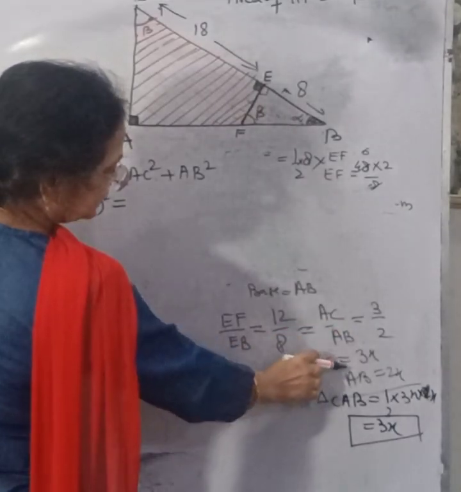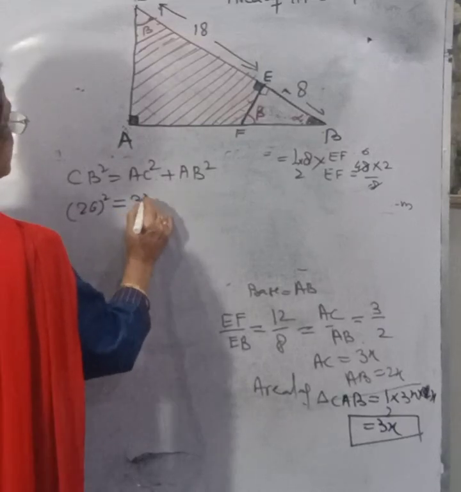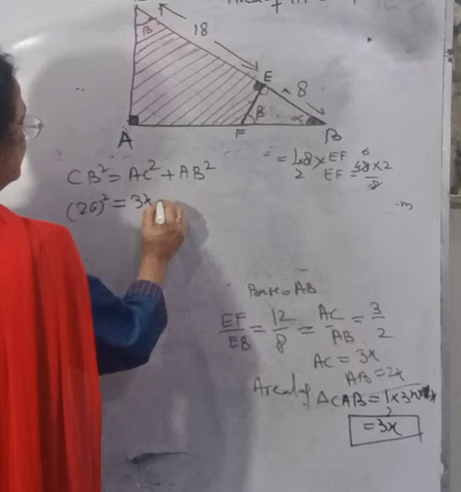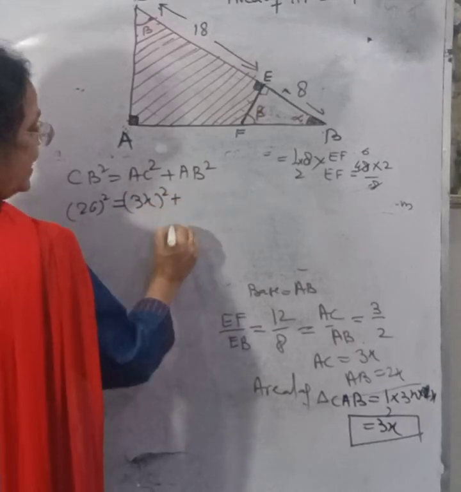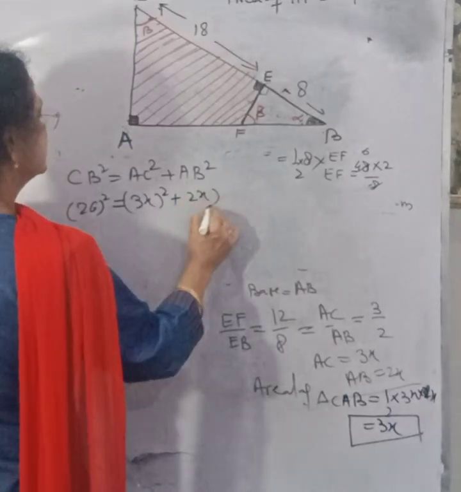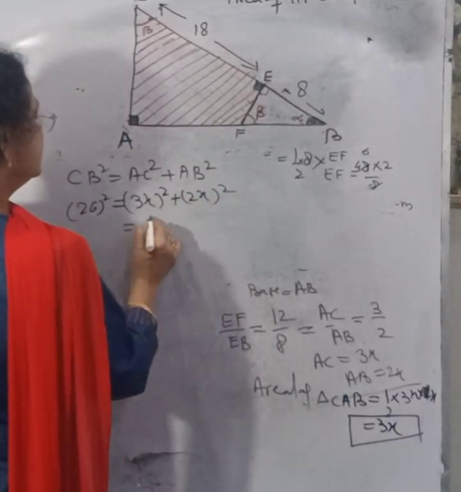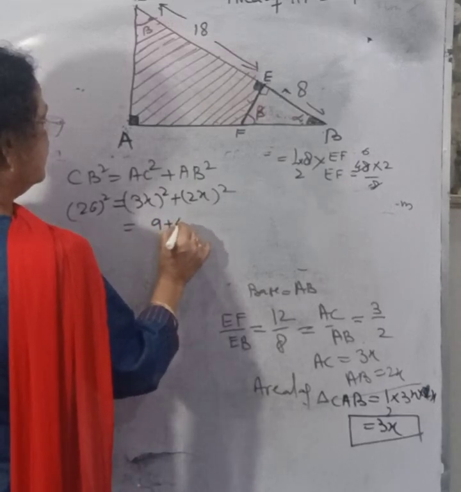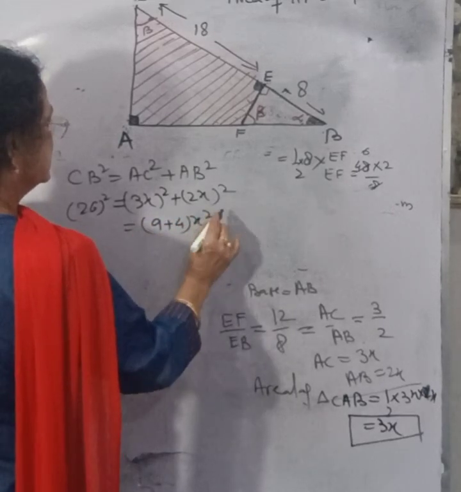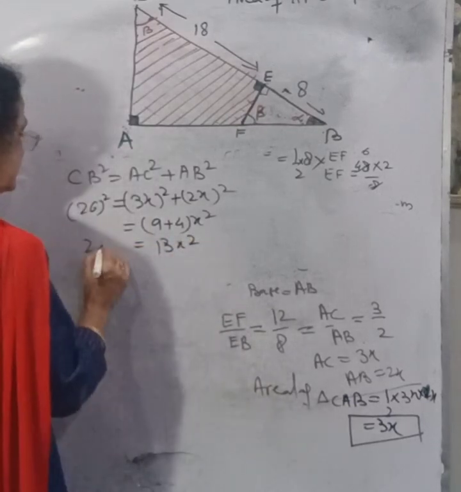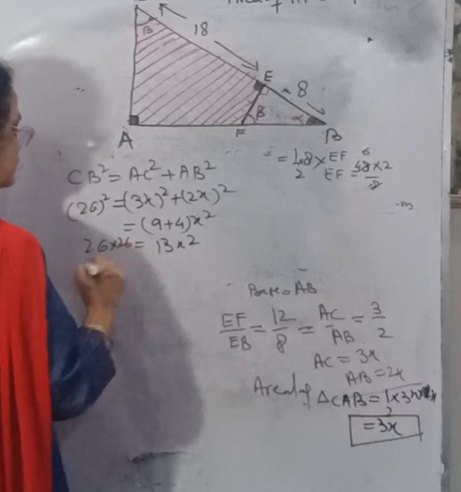AC we have assumed 3 times x, square, plus AB is 2 times x, square. So we can say 9x square plus 4x square, or 13x square, is equal to 26 square.